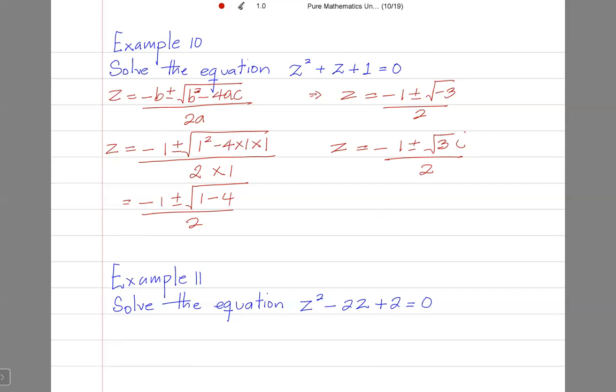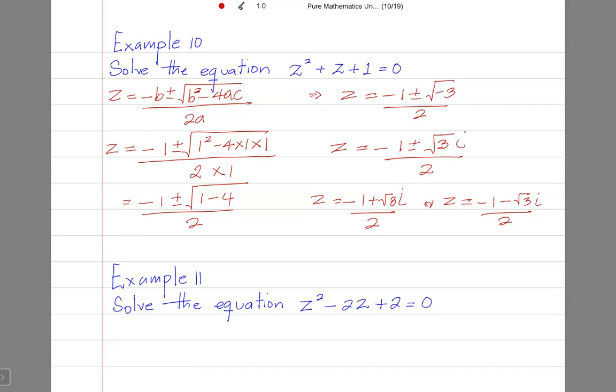So root minus 3 is the same as saying root 3 times root minus 1, and root minus 1, as everybody knows, is i. If I want, I could separate this and say z would be equal to minus 1 plus root 3i over 2, or z is equal to minus 1 minus root 3i over 2.